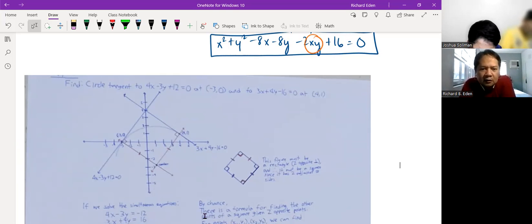Okay, so we got 90-degree angles there because of the tangency. So we want the center.